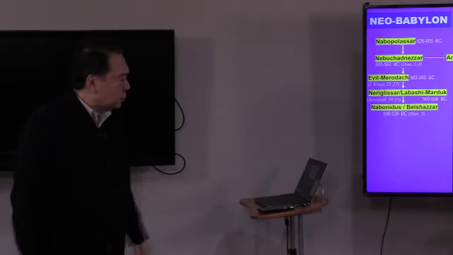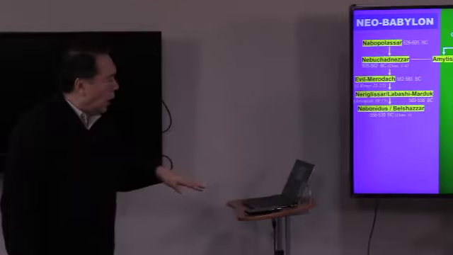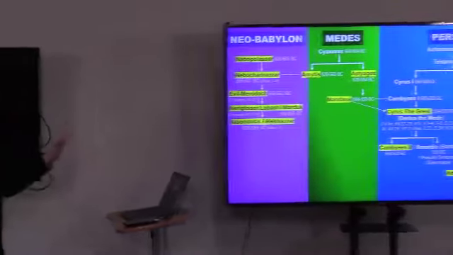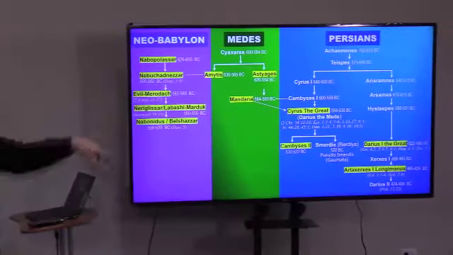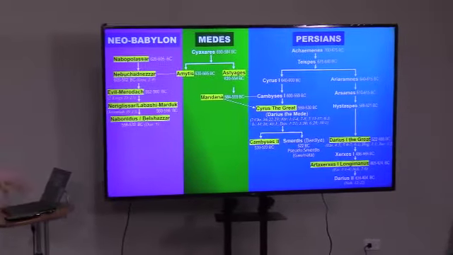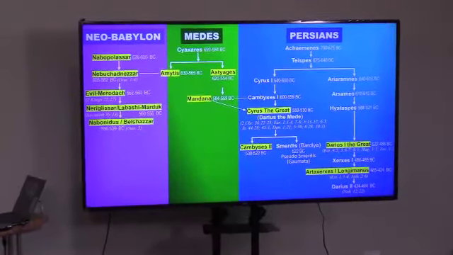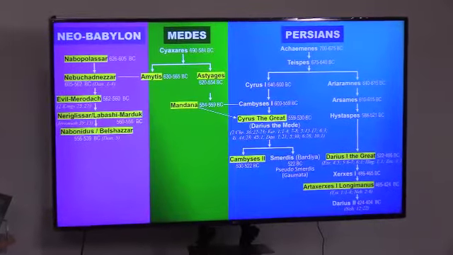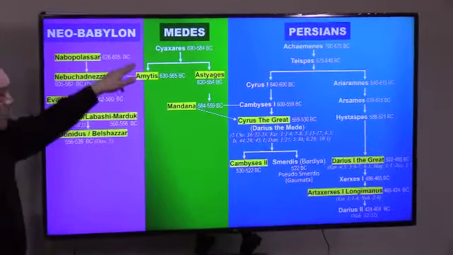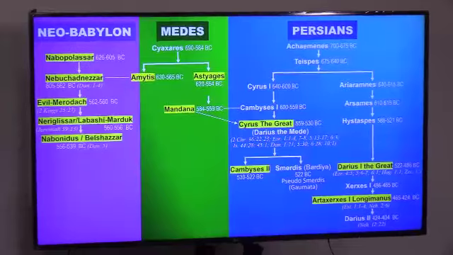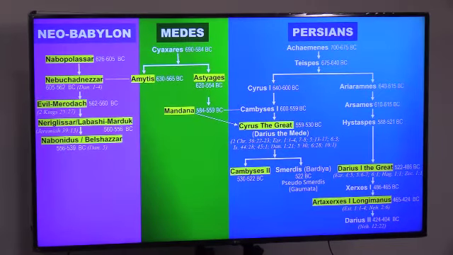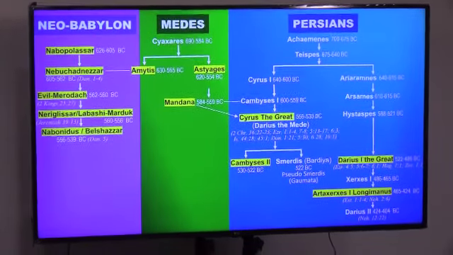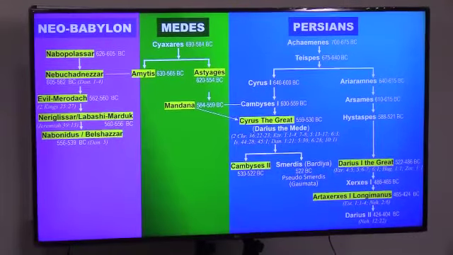Meanwhile, let's look at this outline again to know the chronological flow. Okay, let's review what we've covered so far. Nabonidus was Neo-Babylonian, and Cyrus was Median. And Nabonidus said, in order for me to get rid of the Assyrians, I need somebody to partner with me, and there's got to be an alliance.